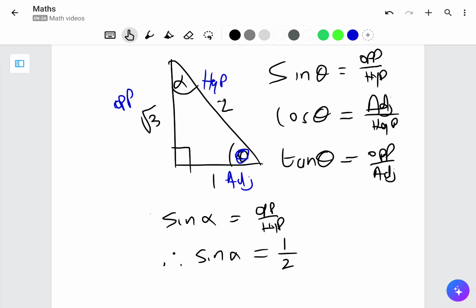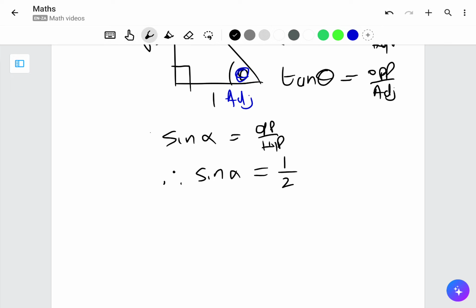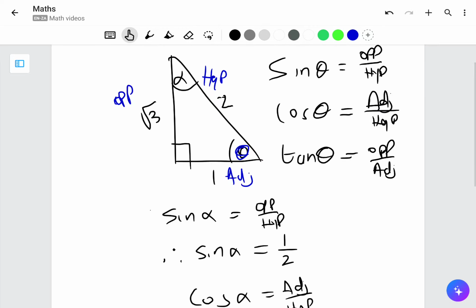Then we can do cos of alpha, and we know that is equal to adjacent over the hypotenuse. What is adjacent to alpha? Remember, adjacent means next to, and that is our root 3 over here, which is adjacent to alpha.